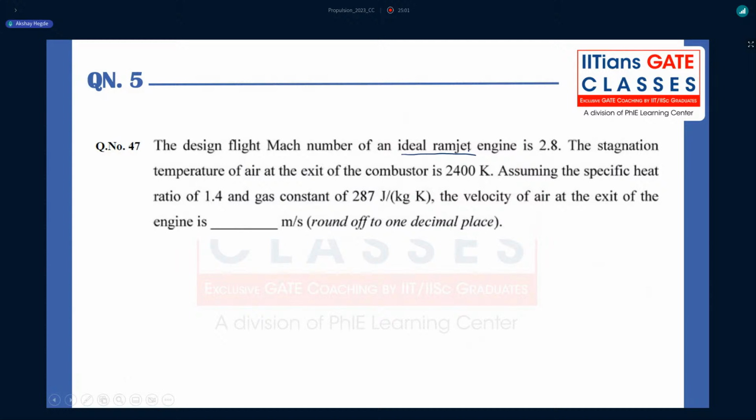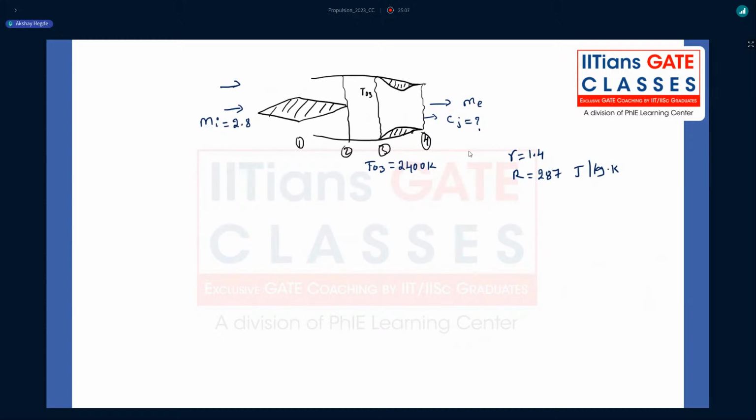What do we mean by ideal ramjet? Ideal ramjet means that the inlet Mach number and exit Mach number are the same. That's it. Many times people will make a confusion between ideal ramjet and ideal cycles. They are different. Ideal ramjet does not necessarily mean that it is following the ideal Brayton cycle.